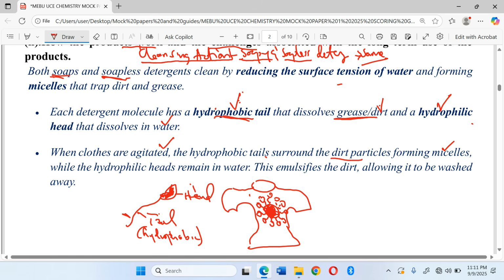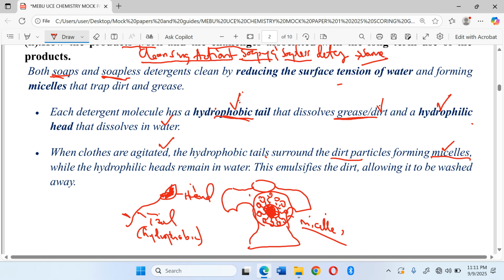The structure that is formed is what we call the micelles.